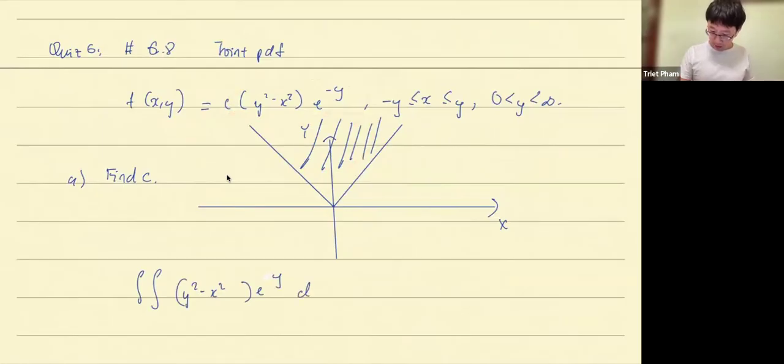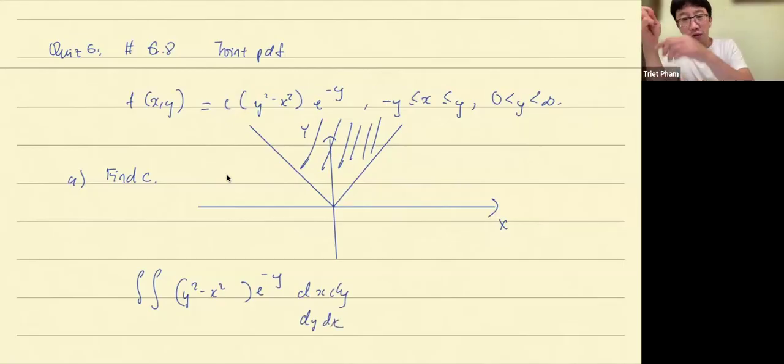And here let's ask, do we want to do dx dy or dy dx? This is a classical Cal 3 question. Does it matter? Or should we do one rather than the other?